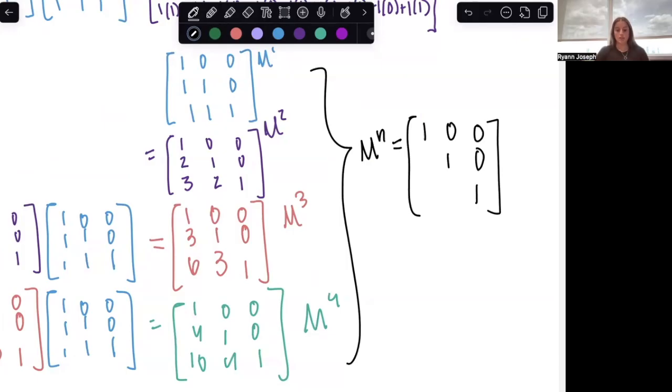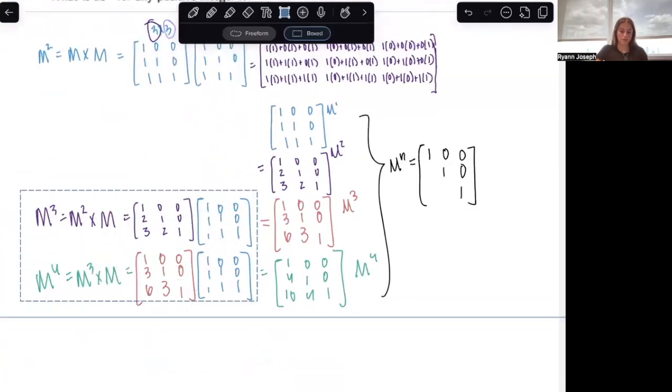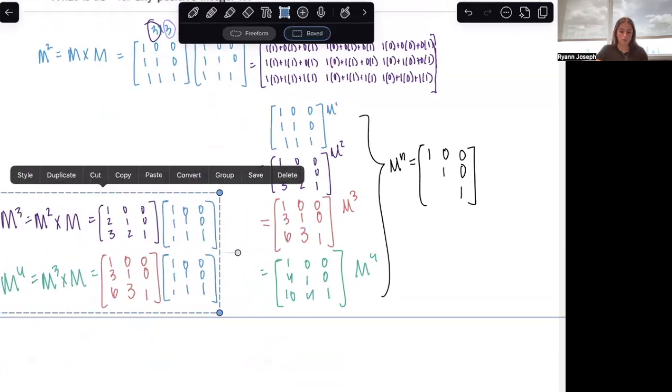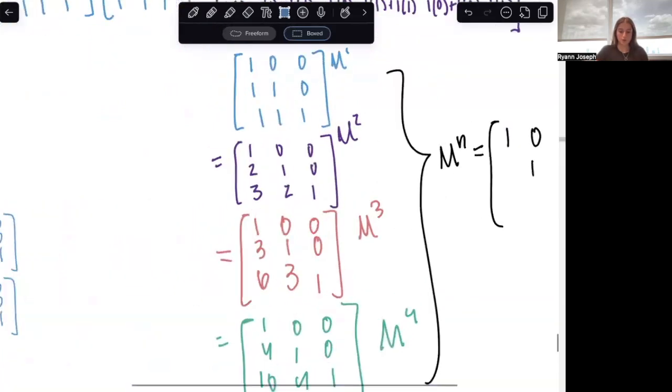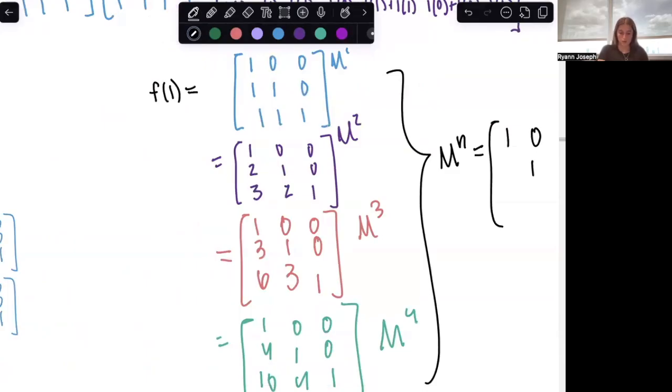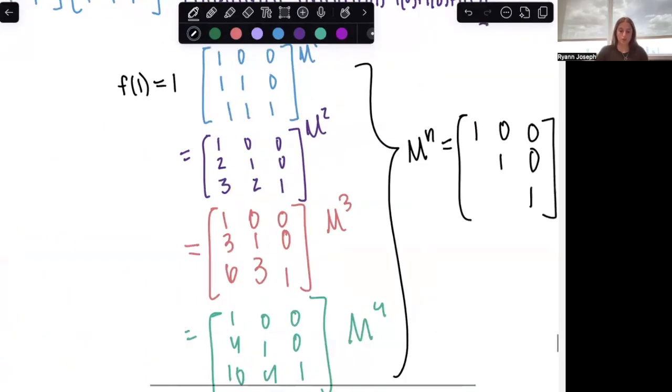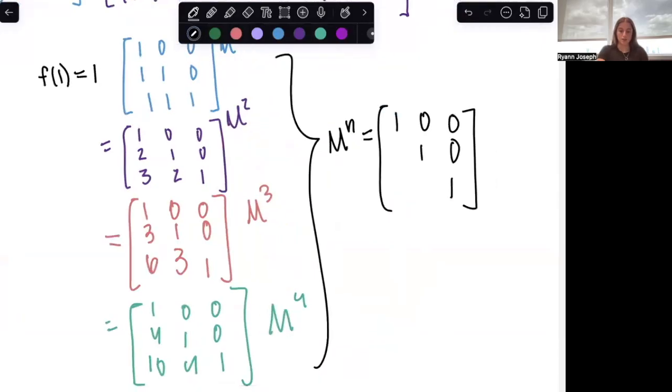The way that I want to write it is, let's define a function f, where f of 1 is equal to 1. Also, we can note that in these spots, it's always just whatever power it's raised to.